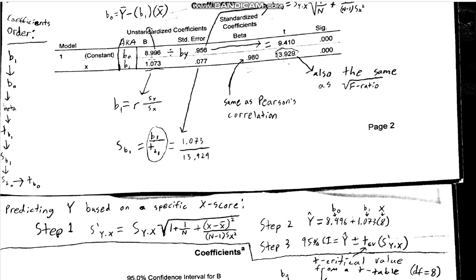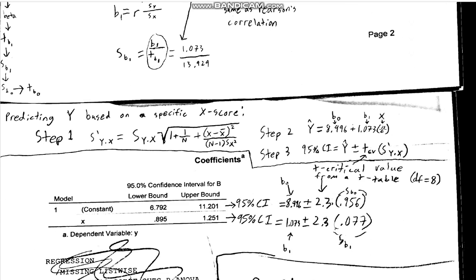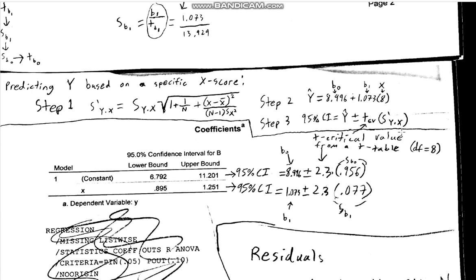So these are just coming from here, and then plus the specific predicted value of x. So then you get your midpoint, like where you think, if there's no error at all, the y would be based off of an x of 8.